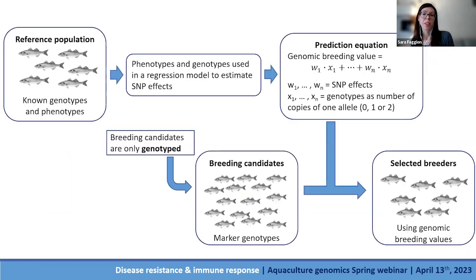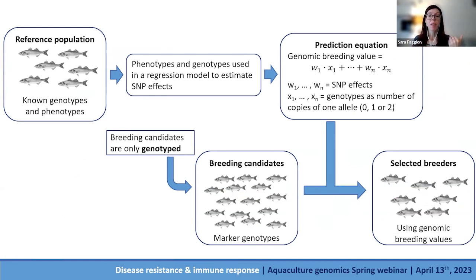What happens next? The reference population has phenotypes for the trait of interest, disease resistance for example, and we have also the genotypes. Phenotypes and genotypes are used in a regression model to estimate the SNP effects. A prediction equation that uses markers as input and predicts the breeding value for disease resistance is derived.